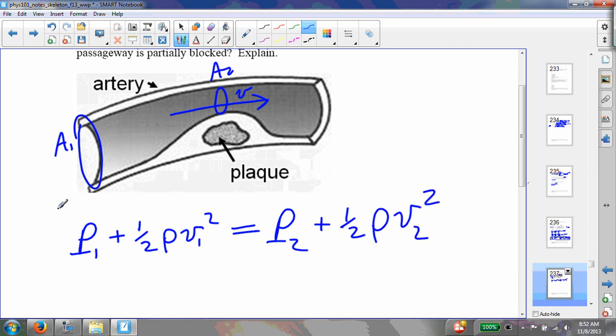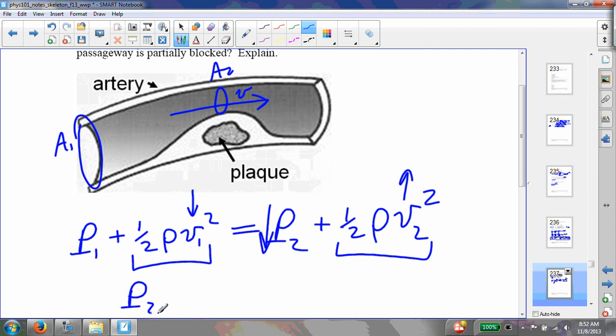Now, notice here, these things have to be equal. V1 is small. V2 is big. That means that this quantity is bigger than this quantity over here. Right? That means that P2 has to decrease. So P2 is less than P1.